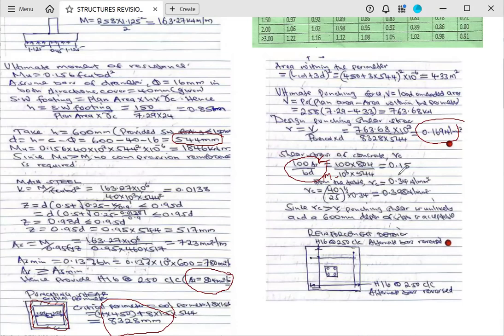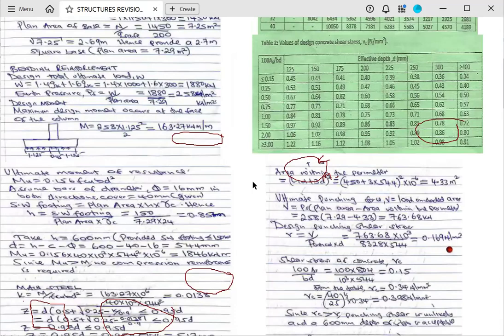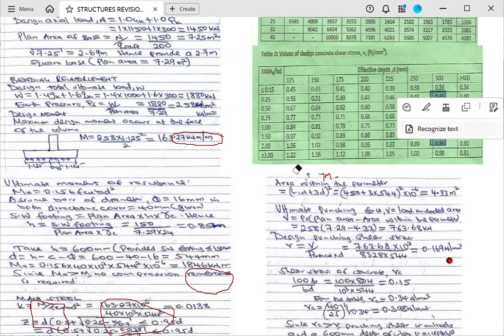Now let us go to the table. If we go to the table, in the table we have 100 AS, and then we have the effective depth. This is the table I'm talking about. This table has two columns.